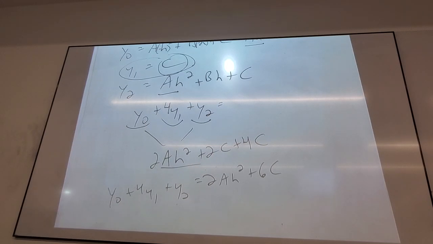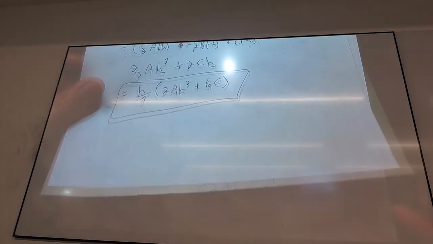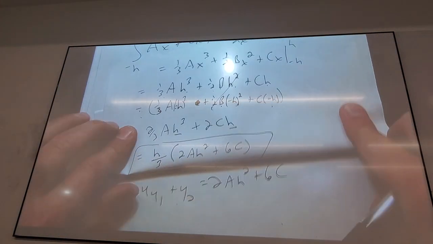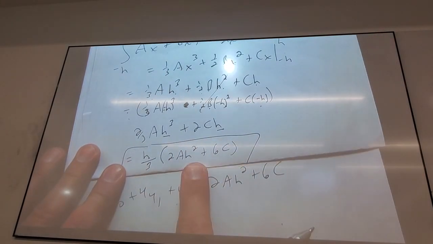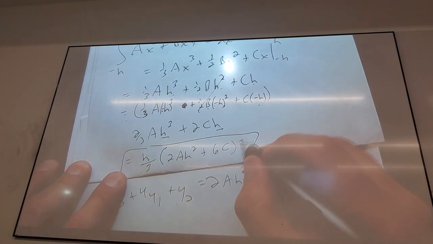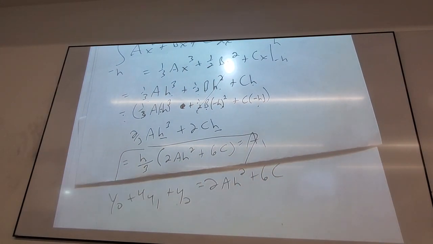Does that look familiar at all? This was the area of region 1, that first parabolic piece, yes?